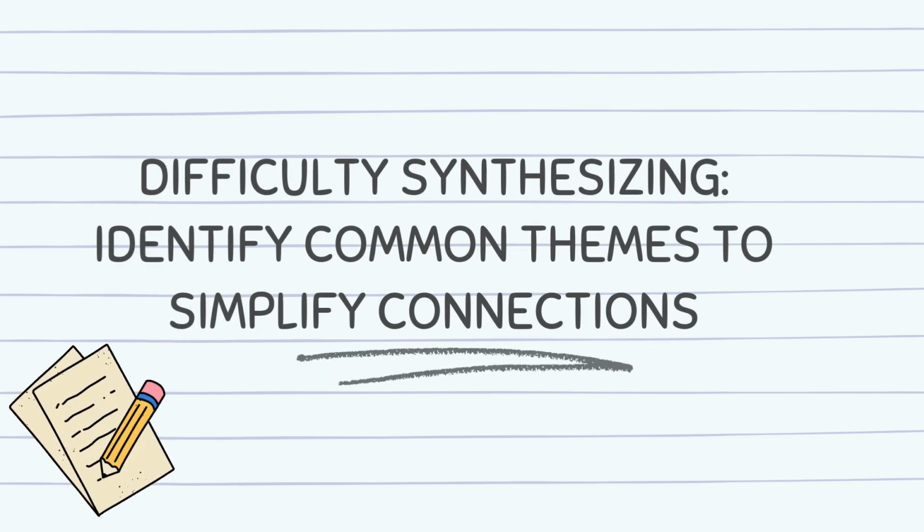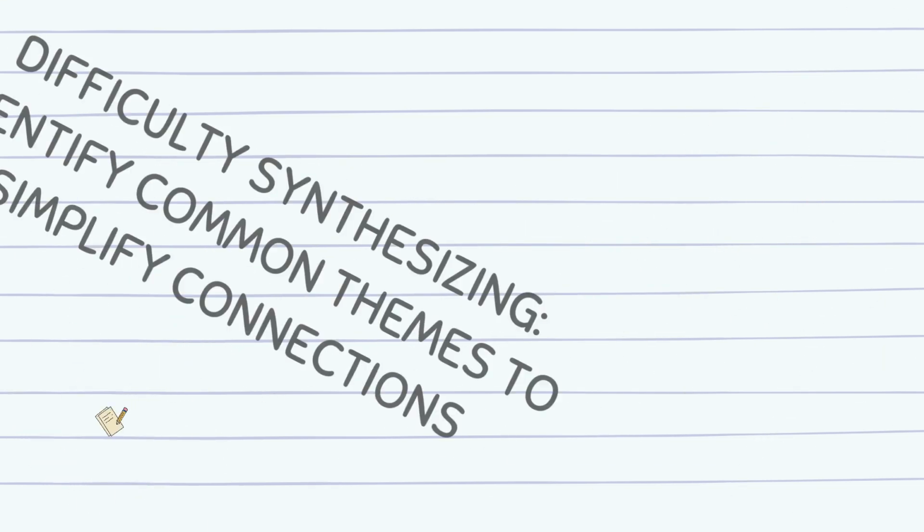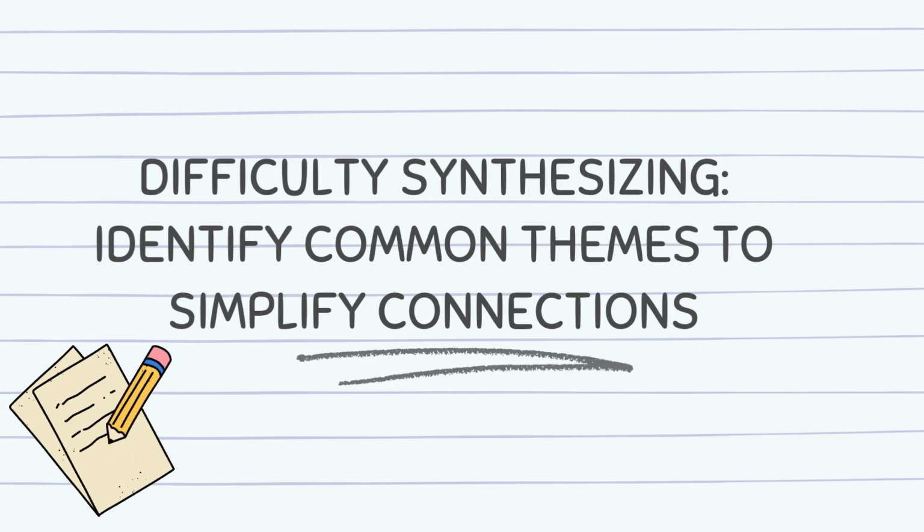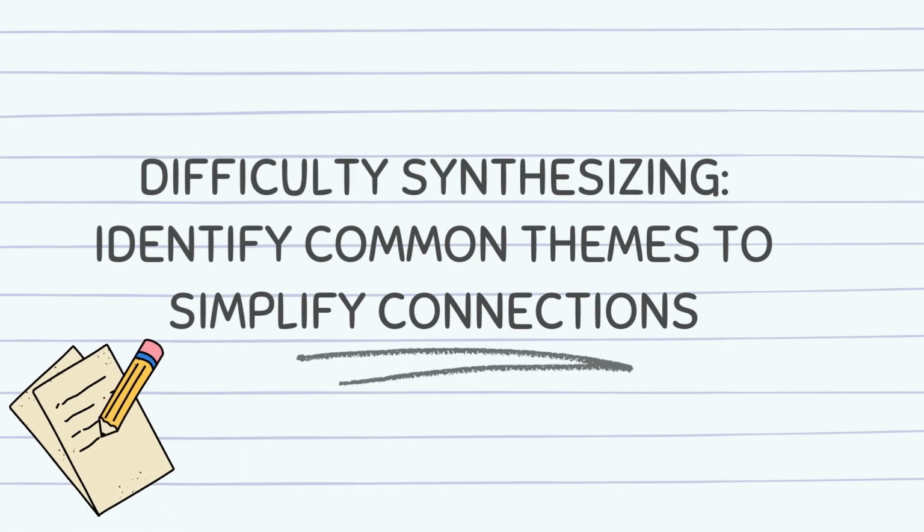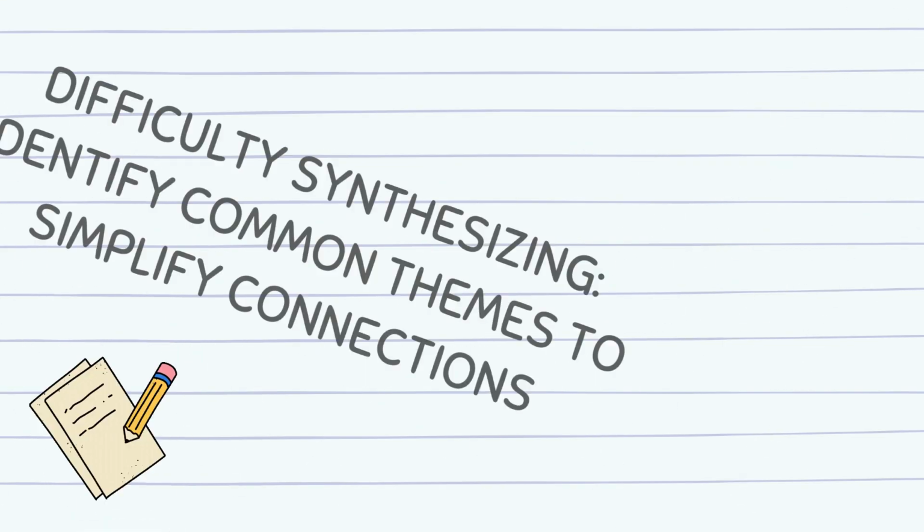Use thematic organization to ensure the literature review has a clear structure. Highlight research gaps to show where further study is needed. Use transitional phrases to improve flow and readability. By following these strategies, researchers can synthesize studies effectively, creating a literature review that is clear, structured, and insightful.